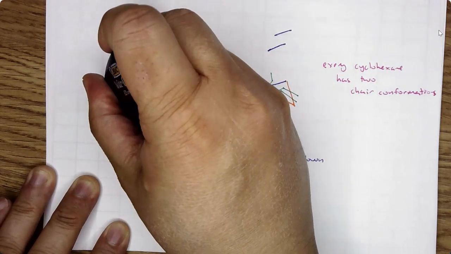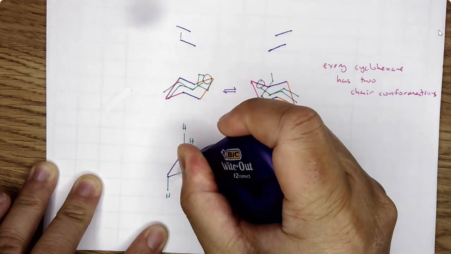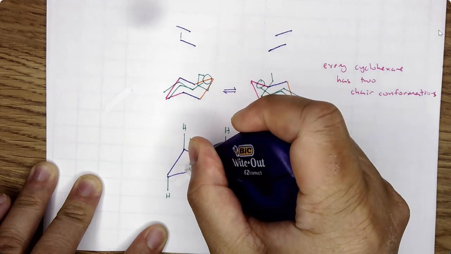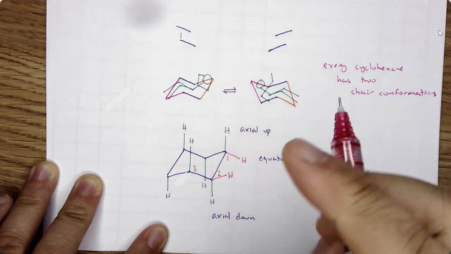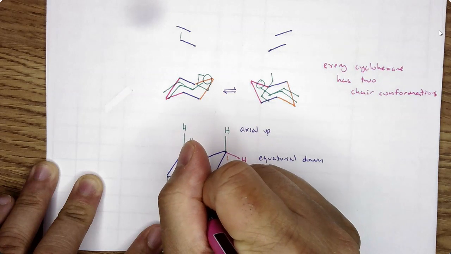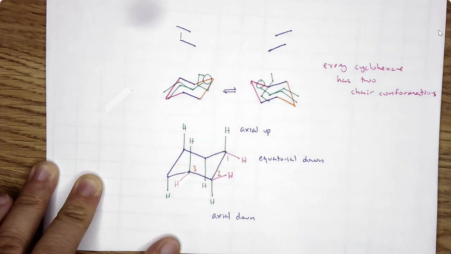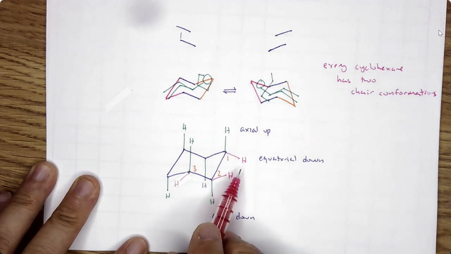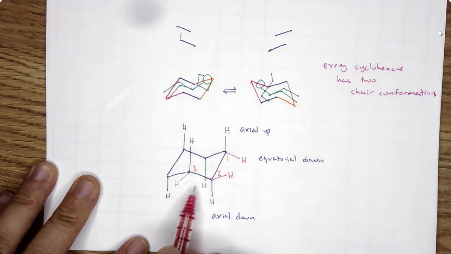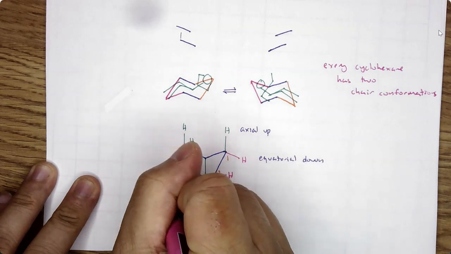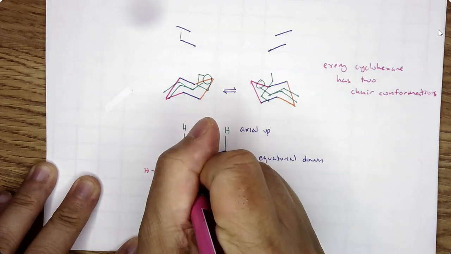That should be pink. Equatorial down, but my model's also telling me a little bit to the left. Equatorial down, equatorial up, equatorial down, equatorial up, equatorial down.